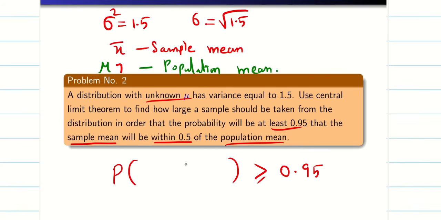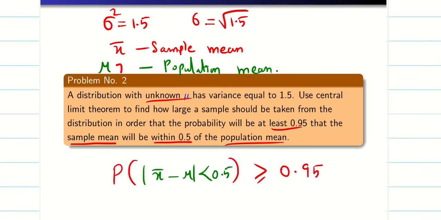So what they are asking is that the sample mean will be within 0.5 of the population mean. So I can write it like this: whenever you take the modulus, the difference is going to be less than 0.5.